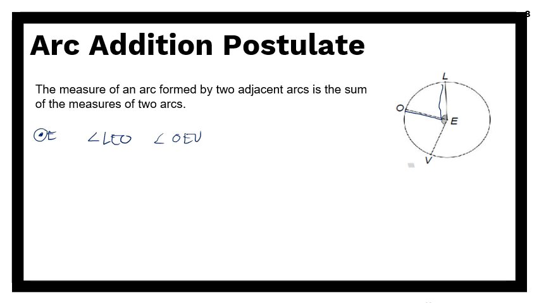The focus of this postulate is the measure of an arc. The intercepted arc of LEO is LO. Measure of arc LO plus the measure of arc OV will be the measure of arc LOV.